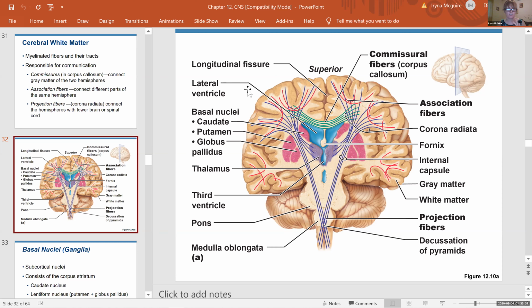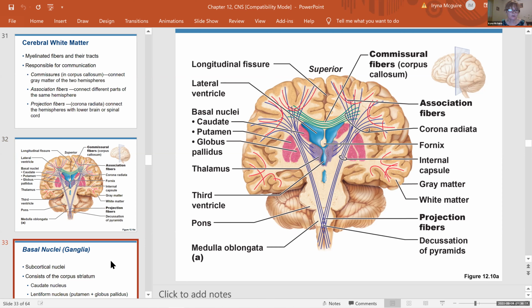So we do have cortex, right? We have gray matter inside. I forgot to tell you, this is called nuclei, right? One nucleus, several nuclei. And white fibers or axons, we can call either commissure or projection fibers or association fibers, depending on what direction they carry information, both sensory and motor, right?